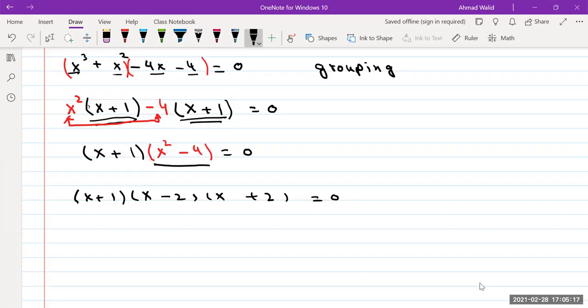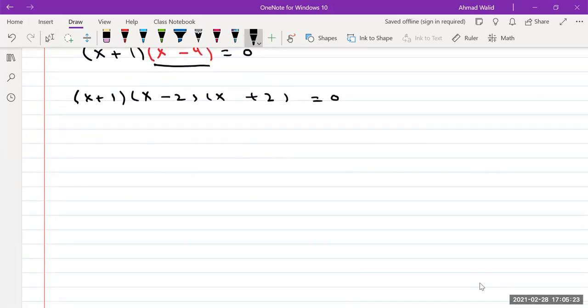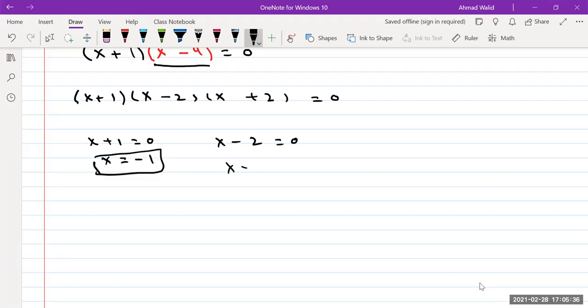If you come to here, that was the difficult part. The rest is easy. Set each parenthesis equal to 0. x plus 1 equals 0. It means x equals negative 1 when you solve. One solution. x minus 2 equals 0. It means x equals 2. Second solution.